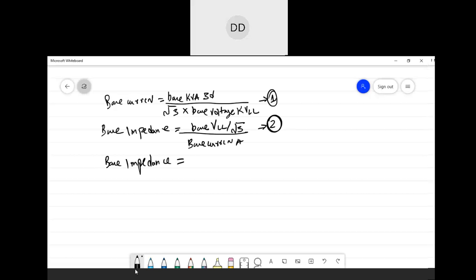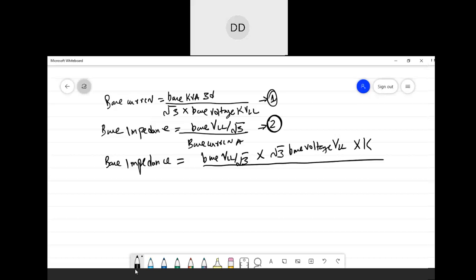Let these be equations 1 and 2. From this, you can get the base impedance by substituting: base VLL divided by root 3 into root 3 into base voltage VLL into K, and this is base KVA three phase.